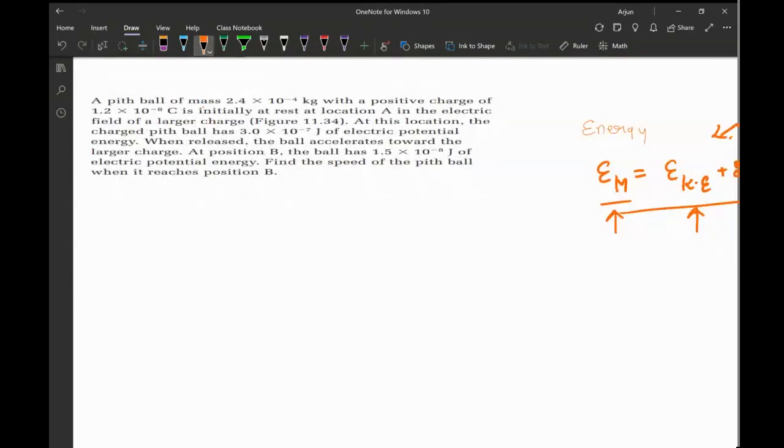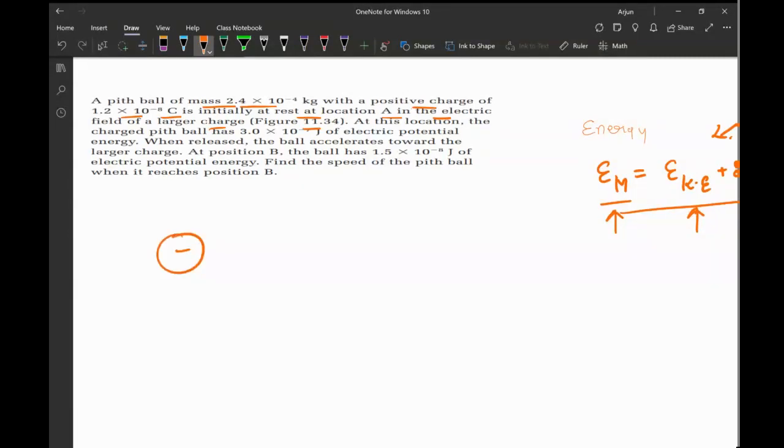We are given a pith ball with a mass of 2.4 times 10 raised to the power negative 4 kg, with a positive charge of 1.2 times 10 raised to the power negative 8 coulombs, initially at rest at point A in the electric field of a large charge given in the figure. I will draw the figure here.